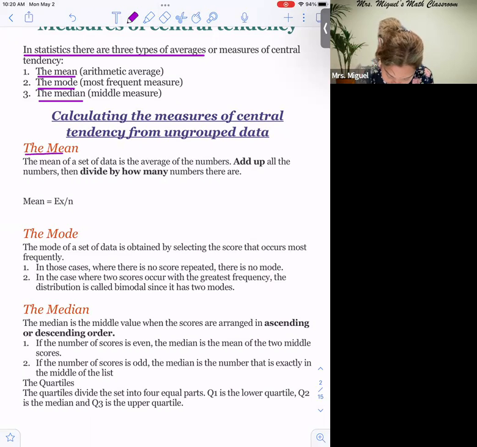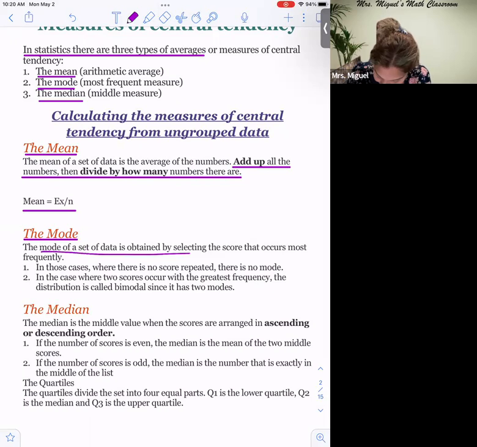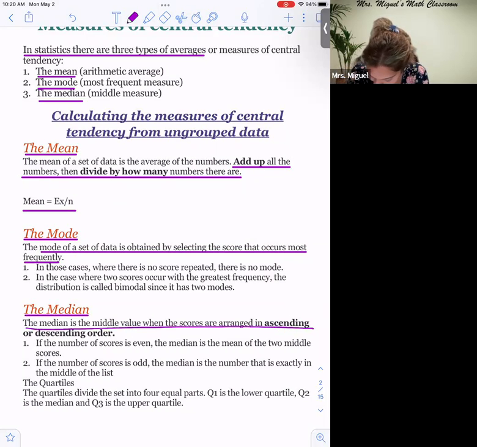You're writing the mean, you're writing add the numbers, then divide by how many. Then we have the mode, and you're writing the mode is the one that occurs most frequently. Then we have the median, which is the middle value when the scores are arranged in ascending or descending order.